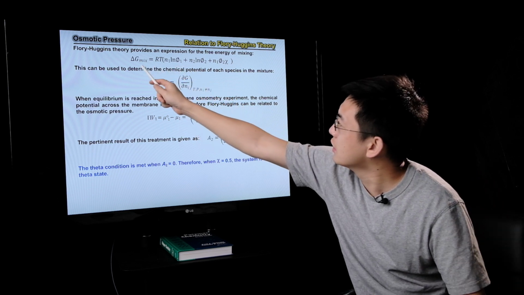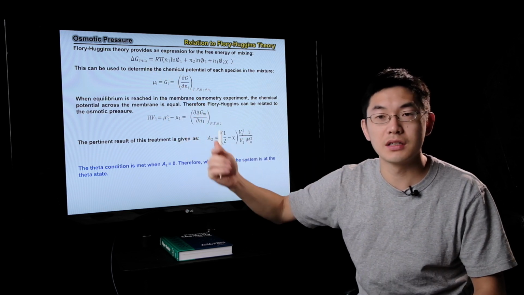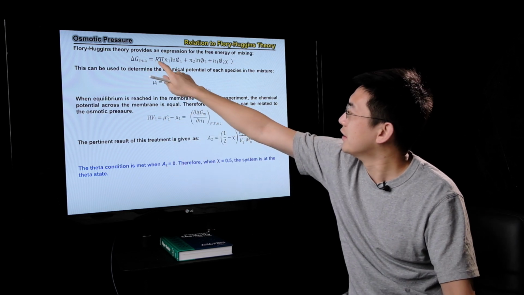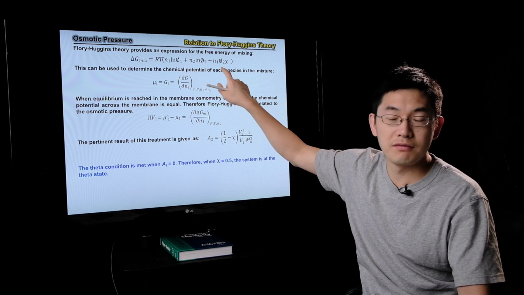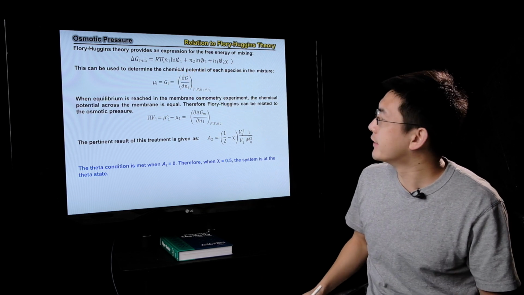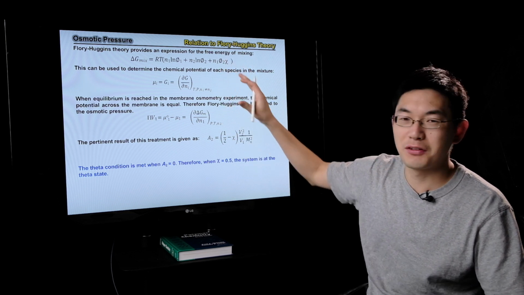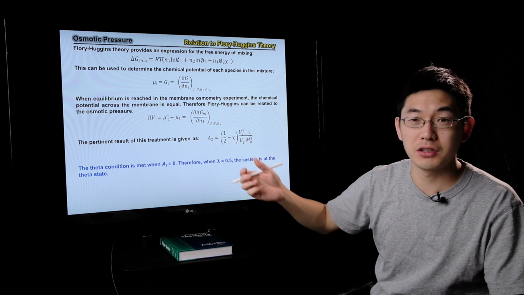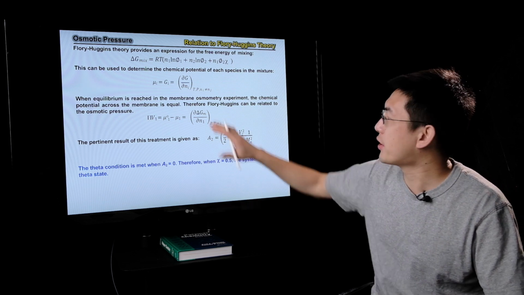So you can see this is the classic Flory-Huggins equation, as everybody knows: delta G equals RT times N1 log phi 1 plus N2 log phi 2 plus N1 phi 2 chi. Now, how you link the Flory-Huggins theory to osmotic pressure is quite straightforward. We just need to understand this partial derivative.